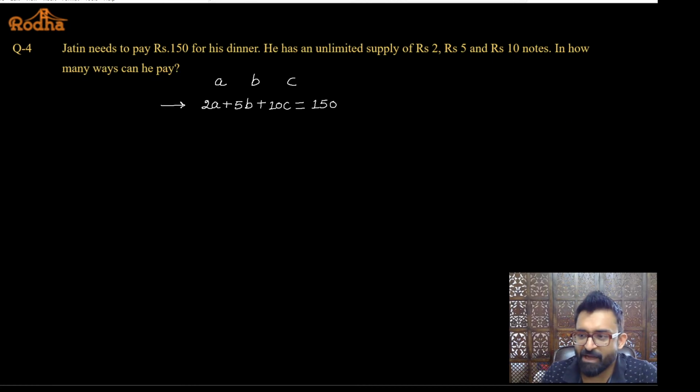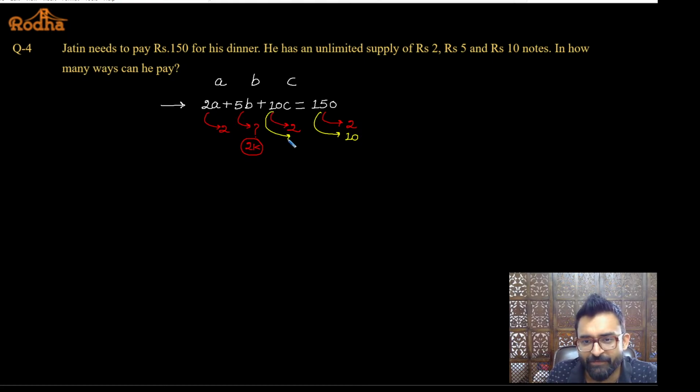Now, either he can make cases here, or you have to understand that the right hand side number is a multiple of 2. This has to be a multiple of 2. Similarly, the right hand side is a multiple of 10.